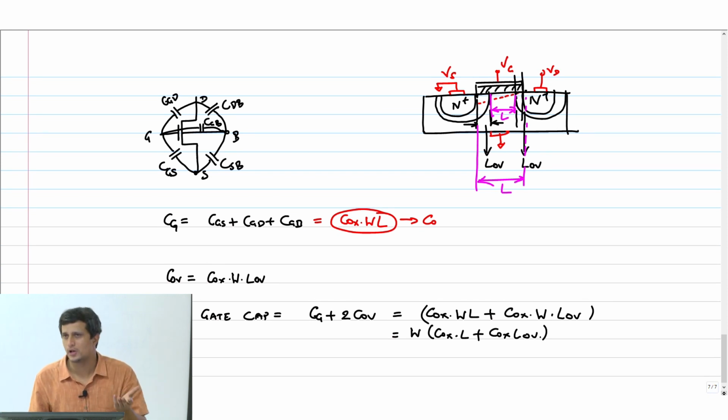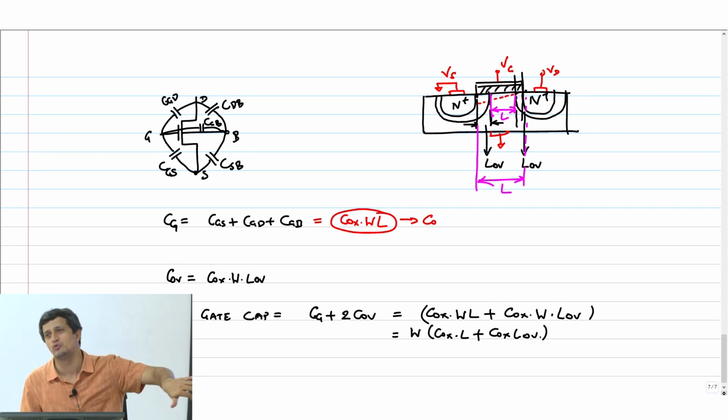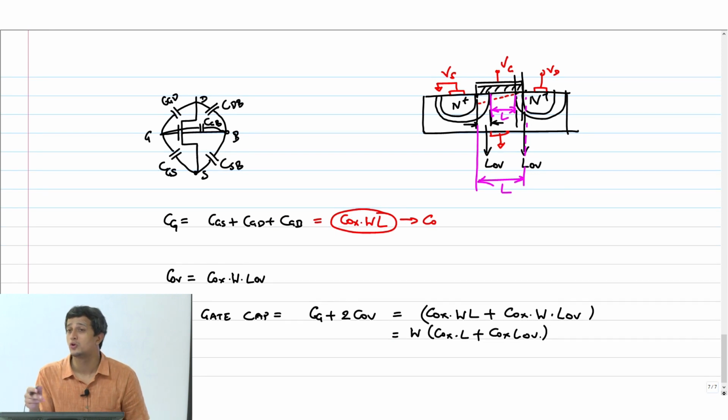In the actual model, if you look at the model file that has been given, they do further calculations to reduce this L. You say L is so much, but internally that L will be reduced, and then that L will be plugged into the model for the current equation. Remember there is also a depletion region of this N and P junction, so it will further reduce. So all of that will happen.